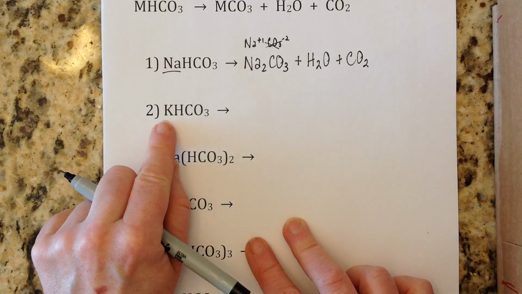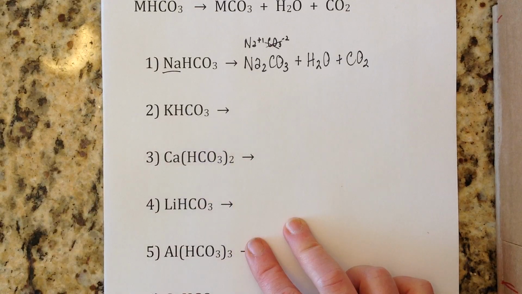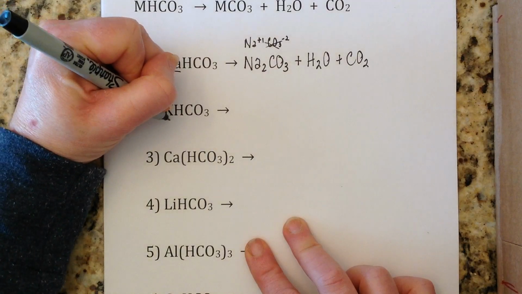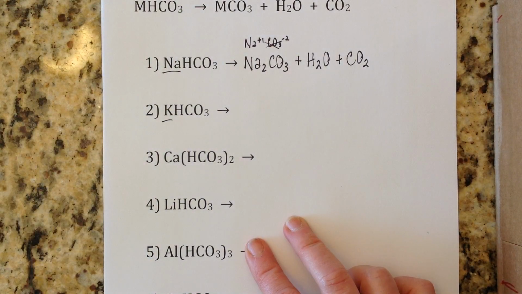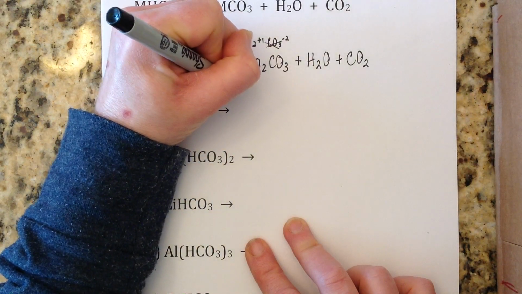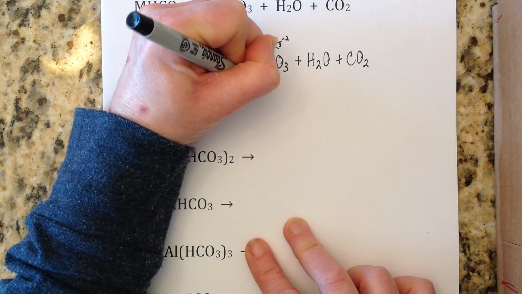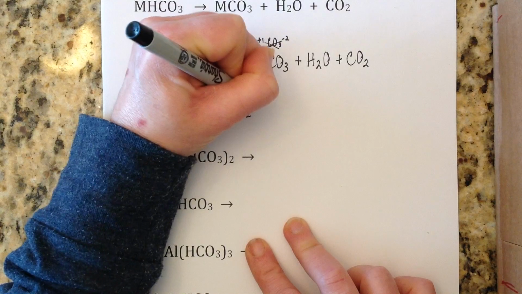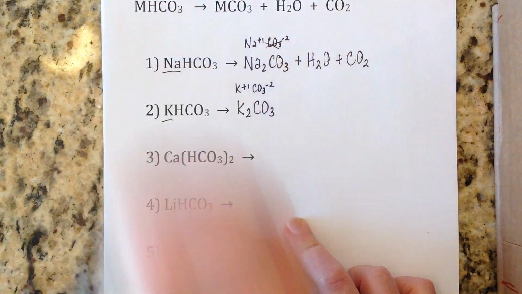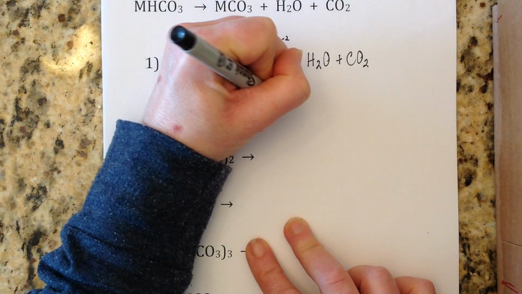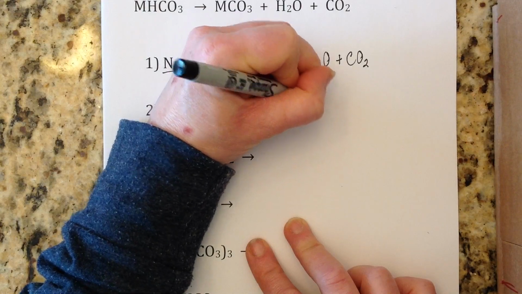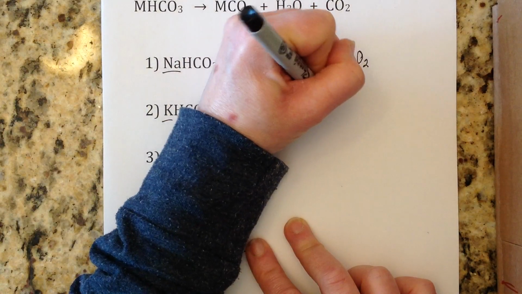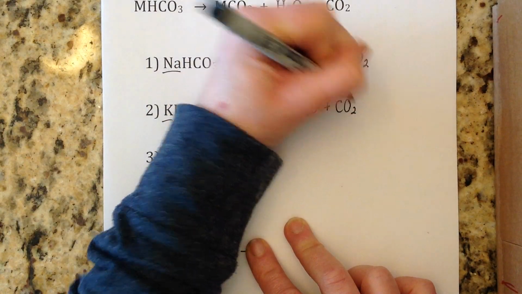Number 2, potassium hydrogen carbonate. There's my metal. Identify that first. Now crisscross that metal with carbonate. That is K2CO3. And then because the rule tells me to, we are adding water and carbon dioxide.